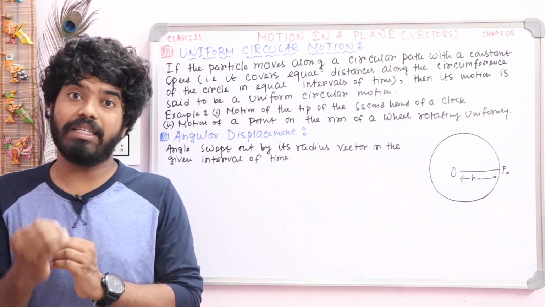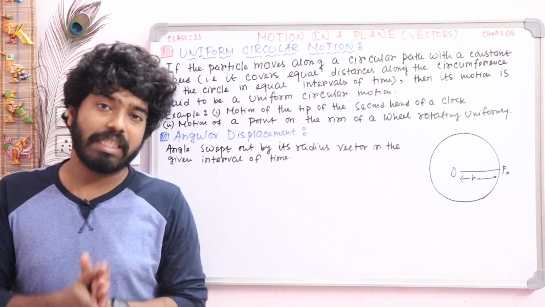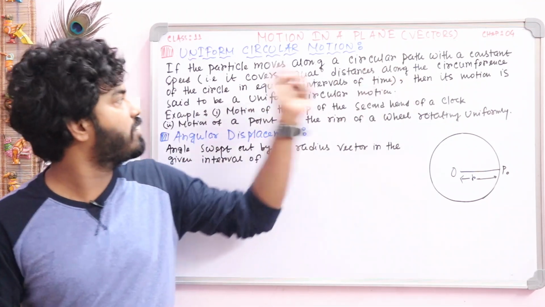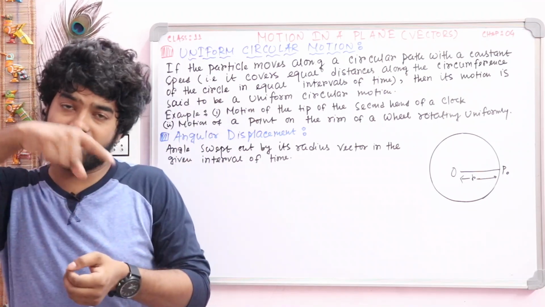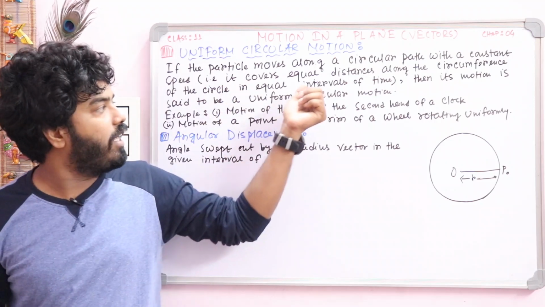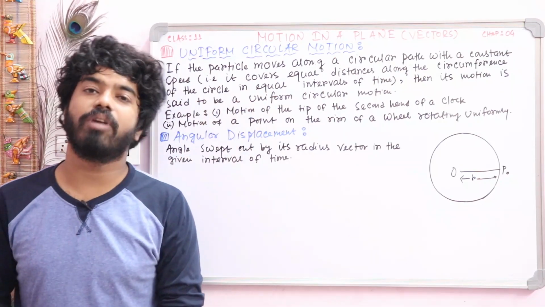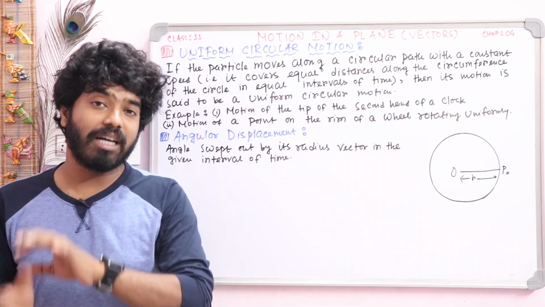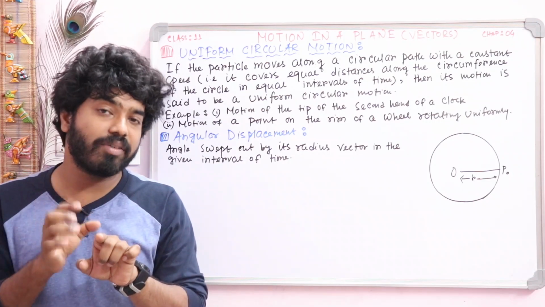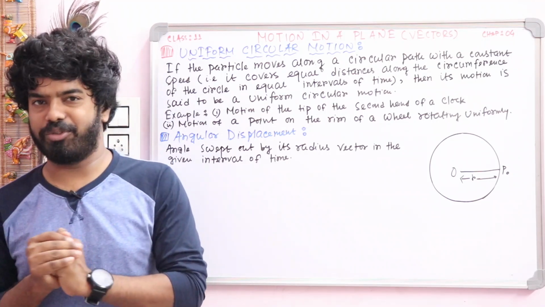When it is said to be uniform, it covers equal distance along the circumference of the circle in equal intervals of time, and this motion is known as uniform circular motion. So when a body covers equal distances along the circumference of a circle in equal intervals of time, then the motion of that body is known as uniform circular motion.